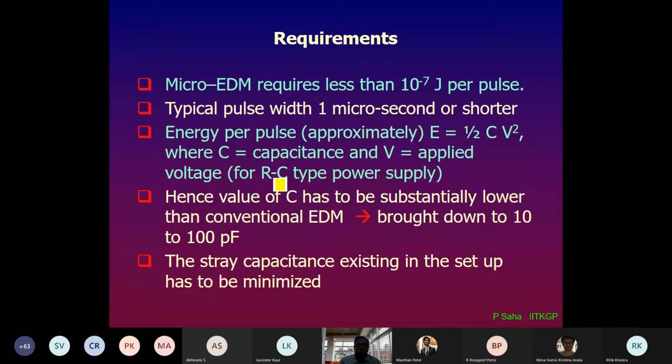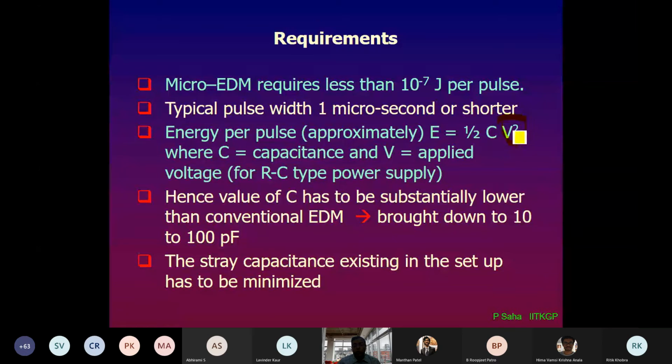Now this V is the voltage of the capacitance at the time of discharge. The condenser is holding the maximum charge, so the voltage across the condenser will be maximum, and this V is that voltage.